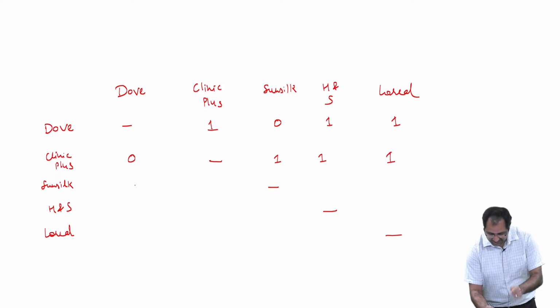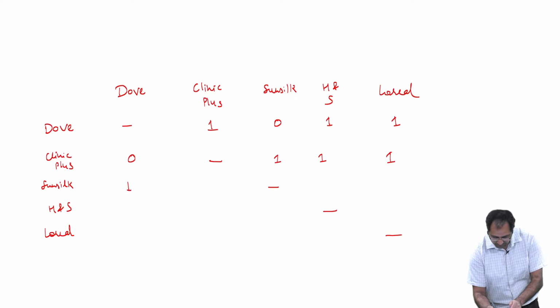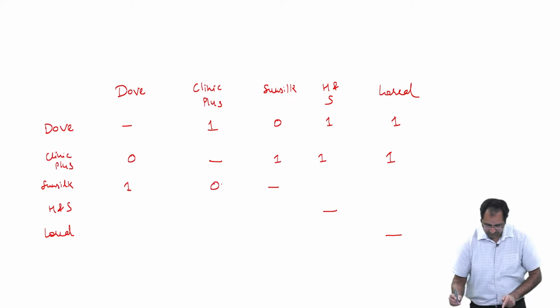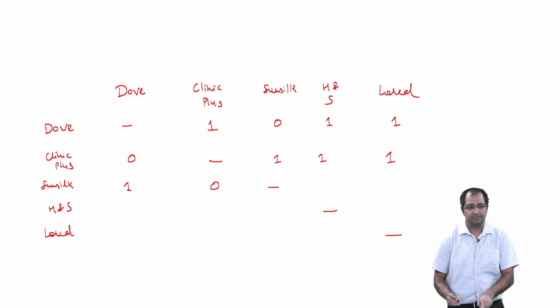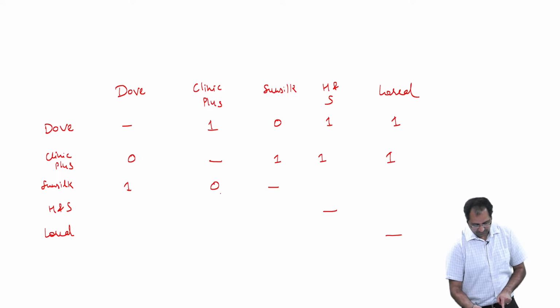Between Sunsilk and Dove it is done. It is 0, Dove was preferred, so 1 here. Sunsilk and Clinic Plus, Sunsilk was preferred, so 0.